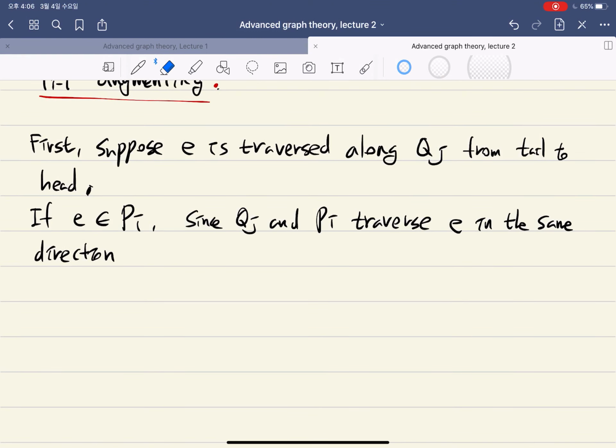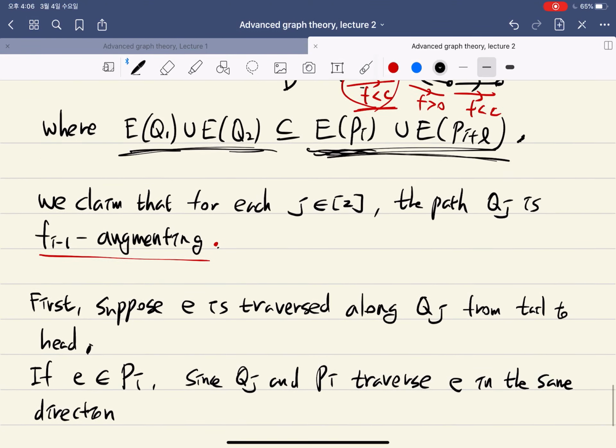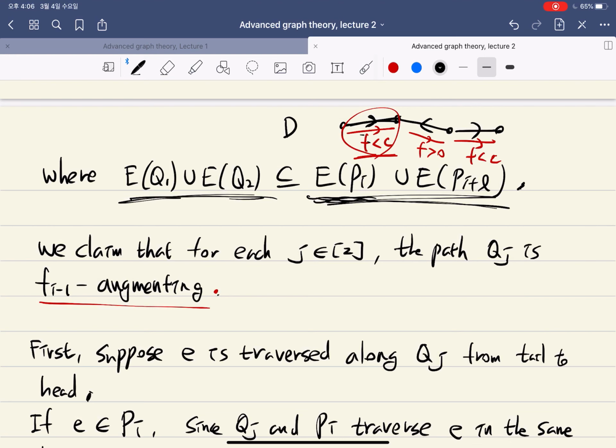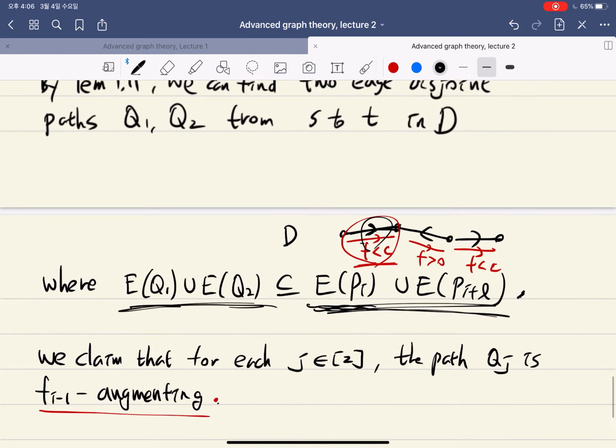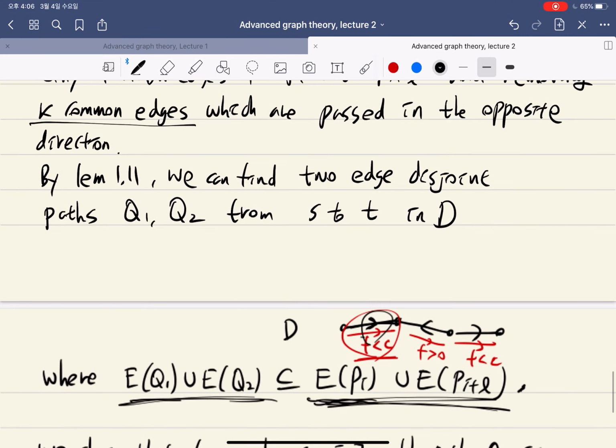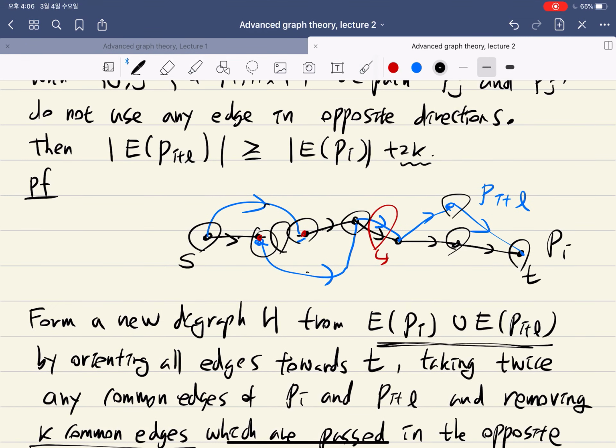So e is in pi and e is in Qj, and then they use this in the same direction because all the remaining edges here are traversing in the same way in pi or pi plus l.